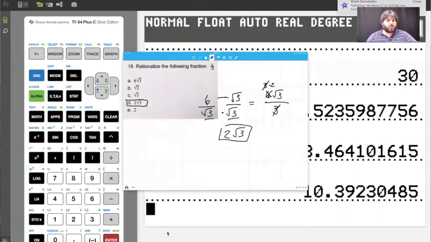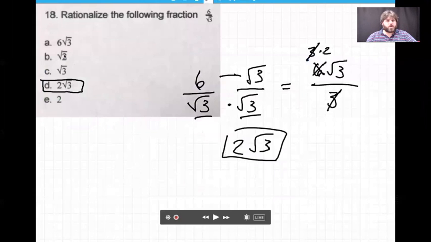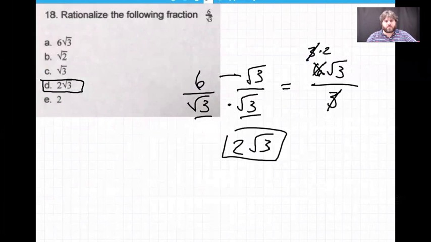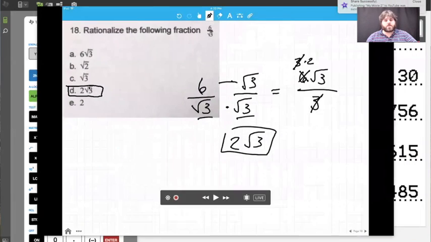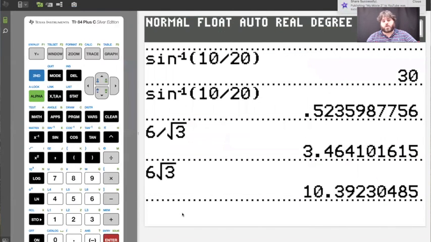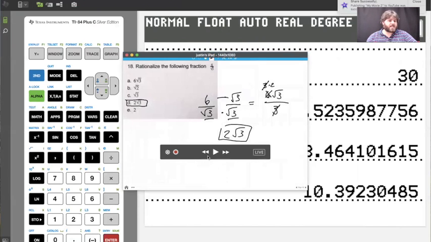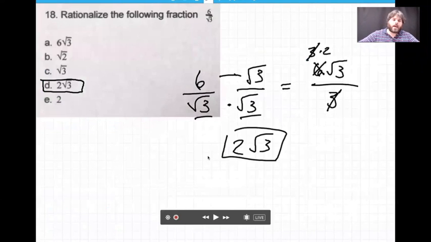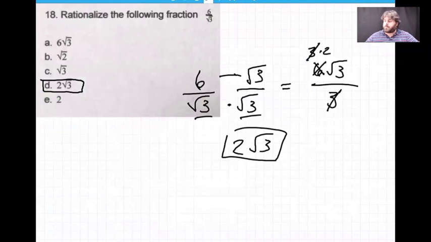So it's not that one, right? Is it square root of 2? No, square root of 2 is not 5.646. Square root of 3 is not 5.646. It's not 2, so it's got to be D. So using your calculator here is a pretty good trick. Just converting it into a decimal, because we always can convert things to decimals, and it's kind of like the universal language. It should all be the same.